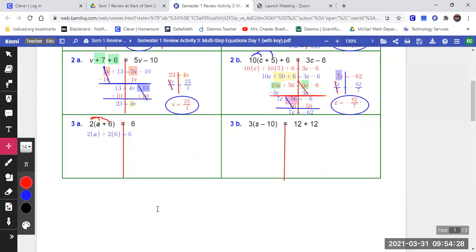Tell me what it would look like once we do that multiplication. My 2a plus 12 has to equal 6 because the 6 was there. They gave it to us. Okay, do we have to clean up anything else?